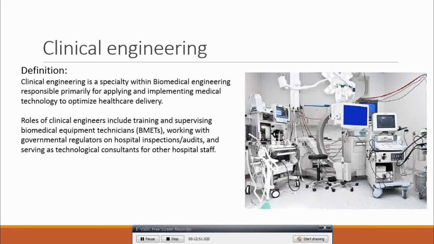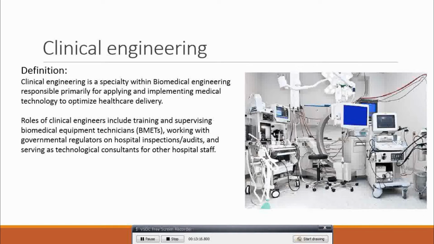Right. That's what we have covered on the biomaterials definition. Now we go on to clinical engineering. This is a specialty area within biomedical engineering, responsible primarily for implementing medical technology to optimize healthcare delivery.